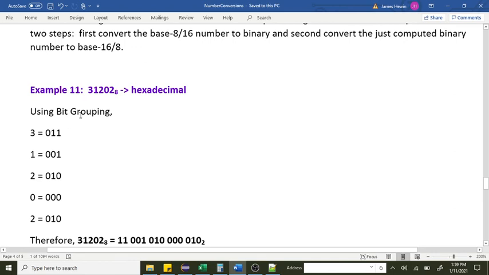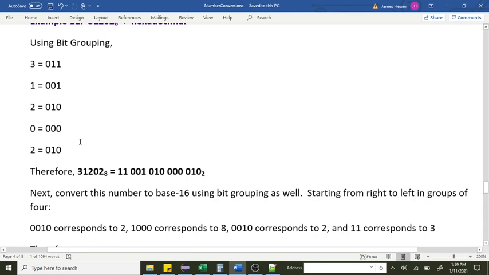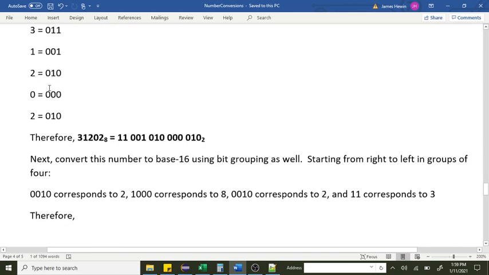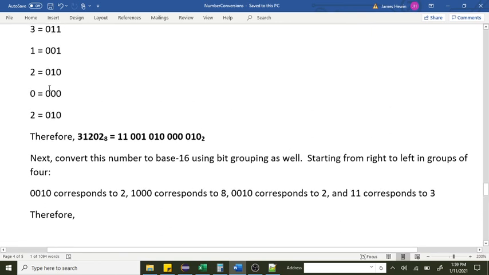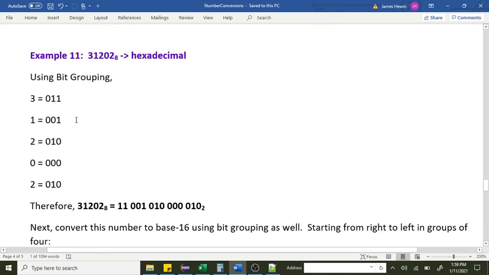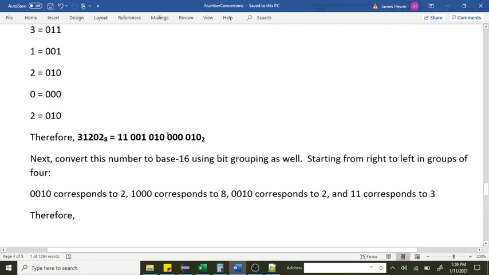I would just do the bit grouping, and this would be the binary representation. Then convert this number to base 16 using bit grouping as well.